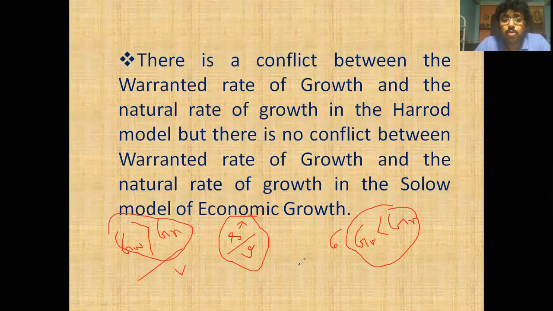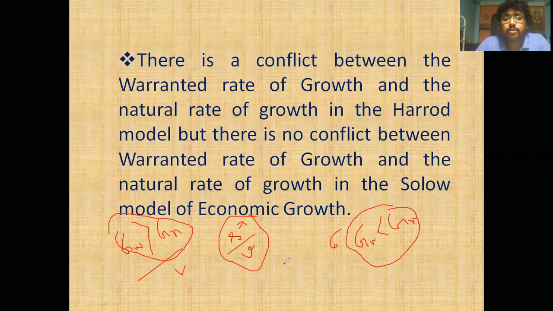But in the Solow model of economic growth, if you have a closer look, after solving all the equations in the Solow model, you find that the warranted rate of growth adjusts to the natural rate of growth. And this adjustment comes through changes in the real rate of interest or the real wage rate.